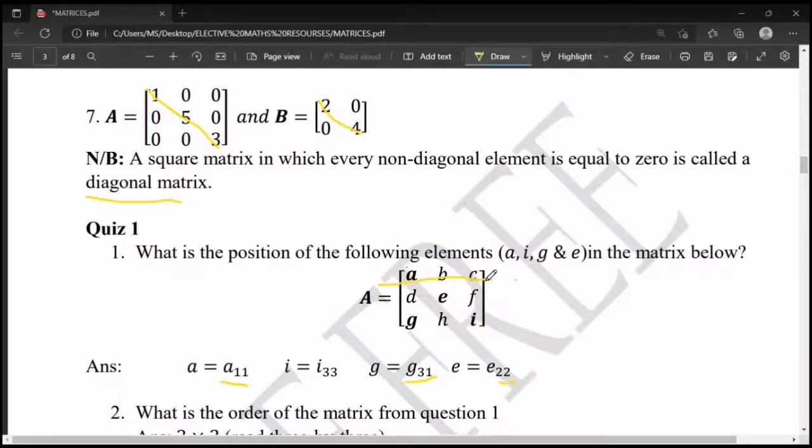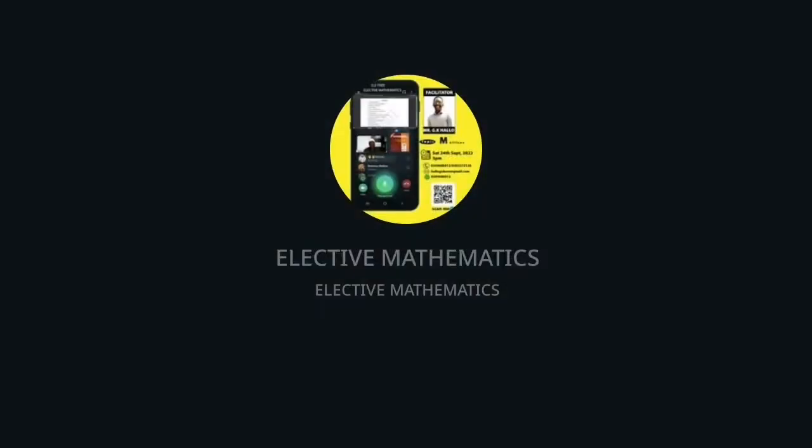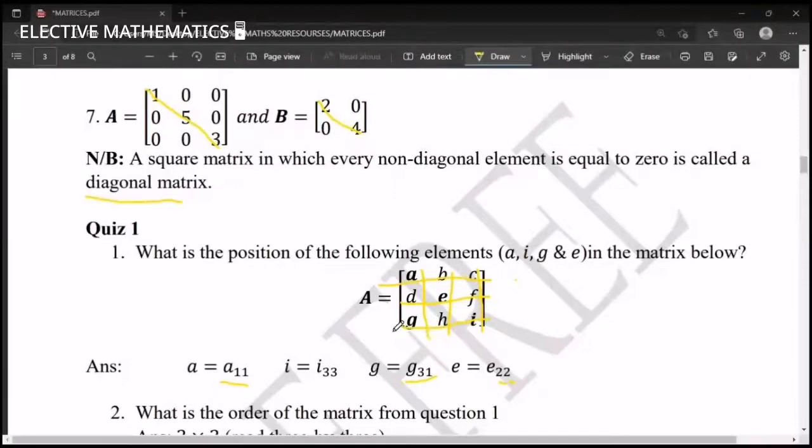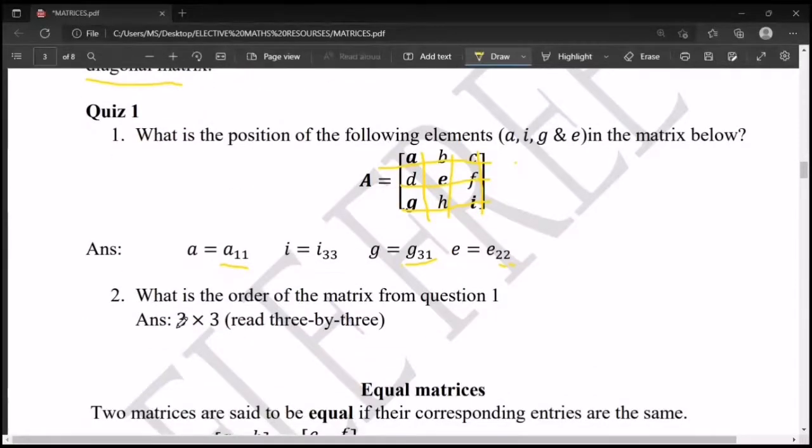Row 1, row 2, and row 3. So we have 3 rows. Column 1, column 2, and column 3. So the order of the matrix is 3 by 3, and it's a square matrix.